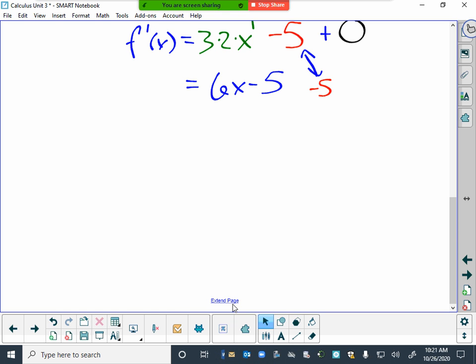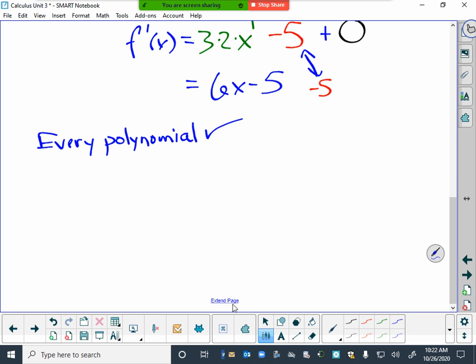And so already in what we've done here, this is every polynomial. We can check that off the list. With this set of rules, we can do the derivative of absolutely any polynomial. Okay, and we can do it quickly.